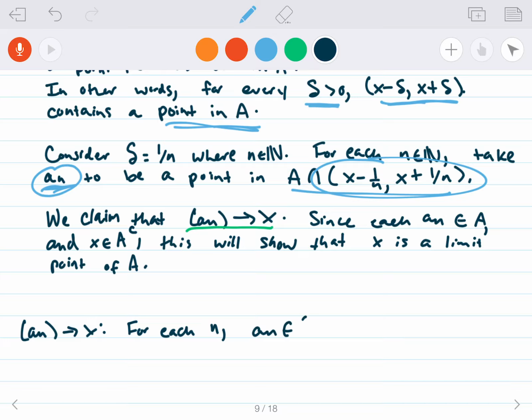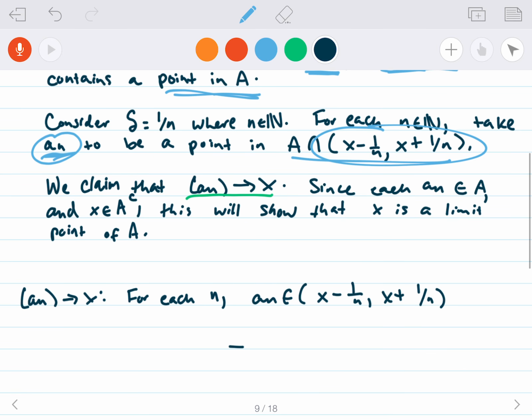And so by properties of absolute value, we can go from neighborhoods to absolute value.